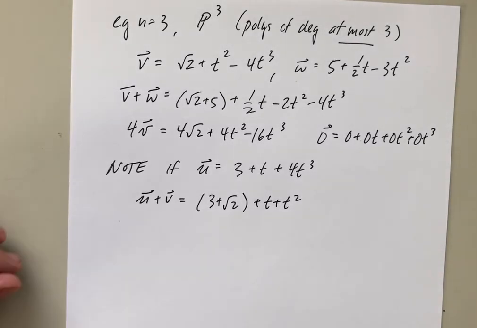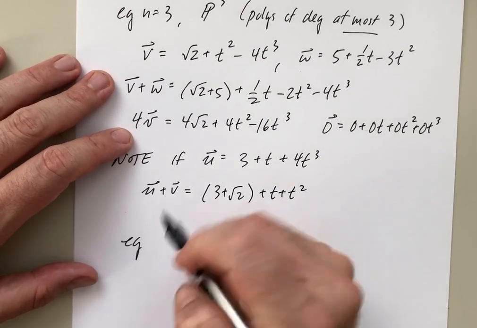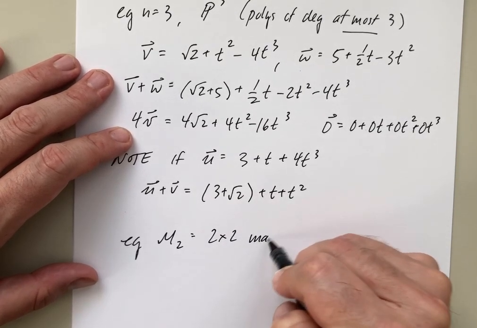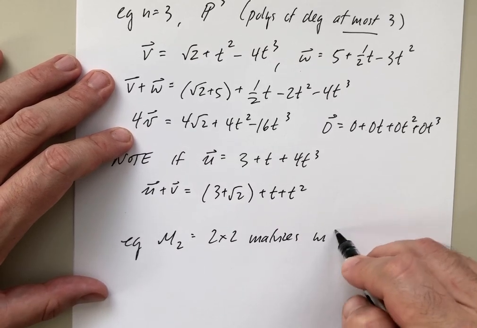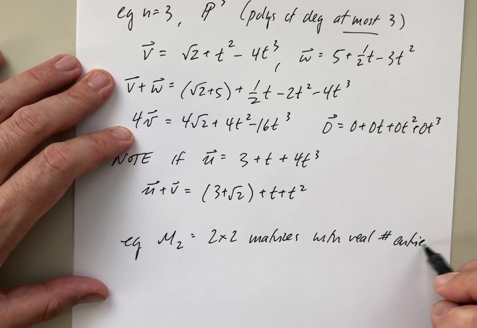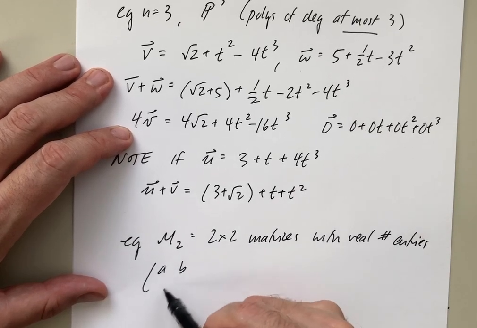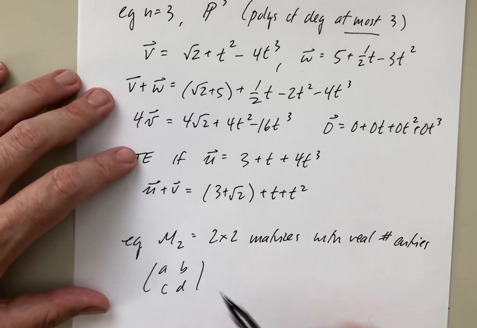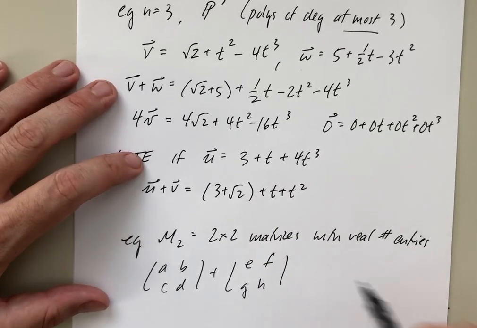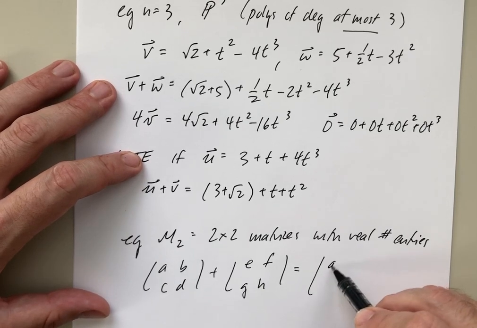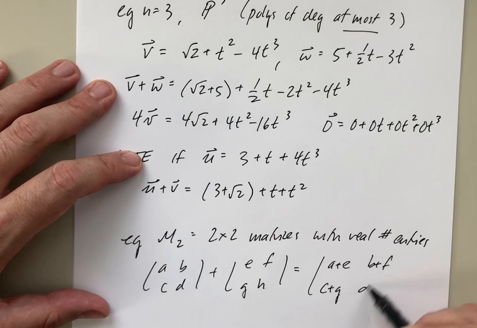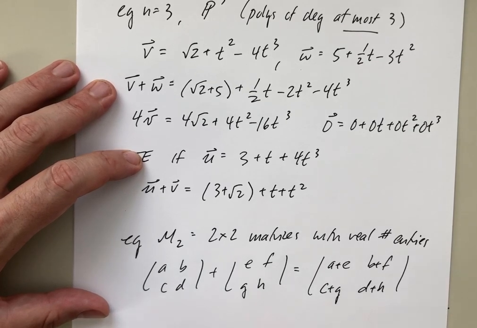Let's see. So maybe I'll do one more example. We're going to use this later. So let me call this M2. This will be 2 by 2 matrices with real number entries. So things that look like this, right? What's the addition going to be? It's going to be coordinate-wise addition, so maybe what you think it is. And what's scaling?